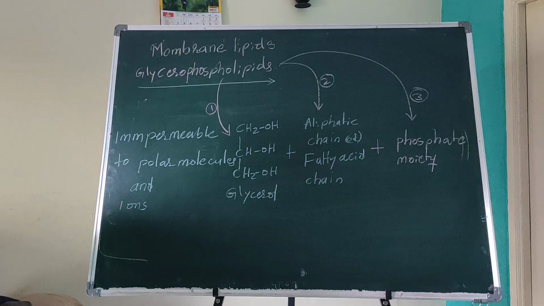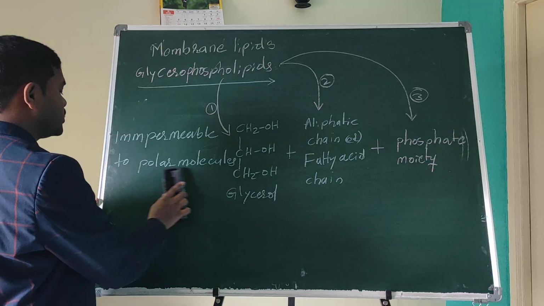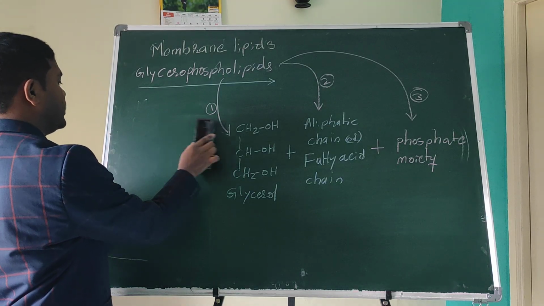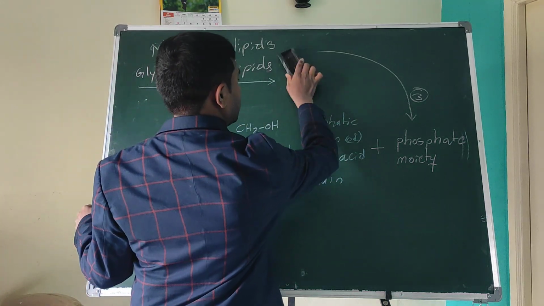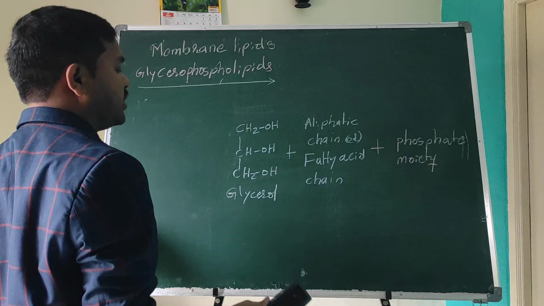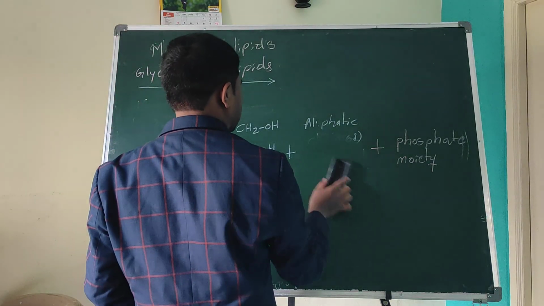Glycerophospholipids are again divided into different types based on how the aliphatic chain and phosphate moiety vary.